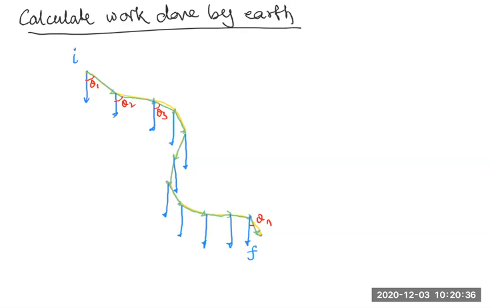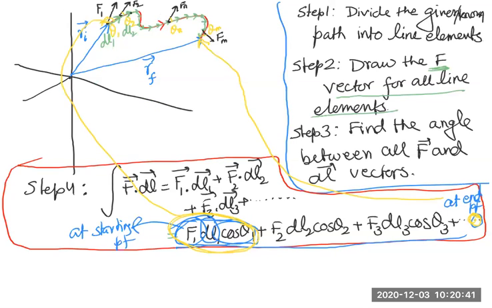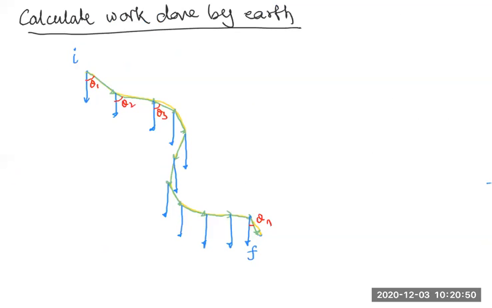What is the next step? Oh, the next step, I can actually work it out. I can actually work out what the line integral will be. So let me work it out here. So work done by mg, this is what we are calculating, must be equal to integral F dot dl from the initial position to the final position.